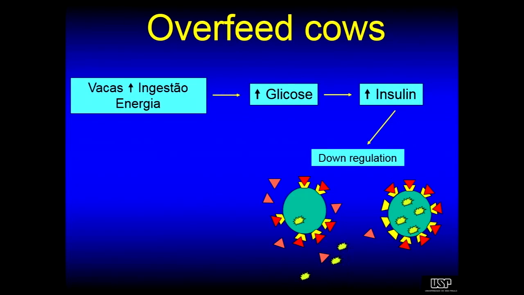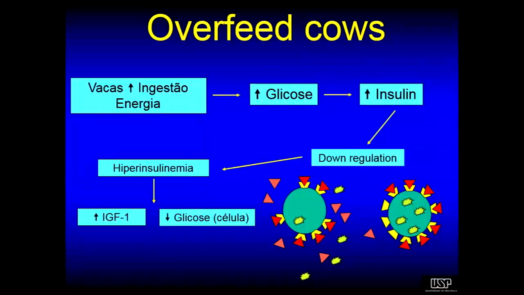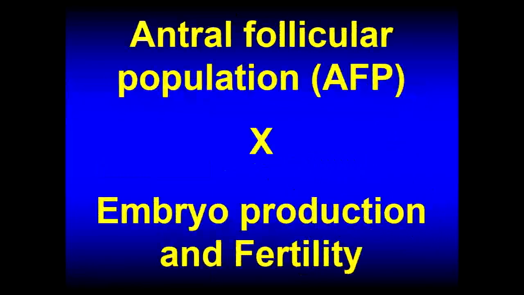We have a decrease in the efficiency of transport. We did gene expression in the oocyte for the genes related to transport of the glucose. They are different. So we have a hyperinsulinemia, a high IGF, low glucose in the oocyte, and low quality of the oocyte. We are trying to understand this better in the experiment that we are doing now.